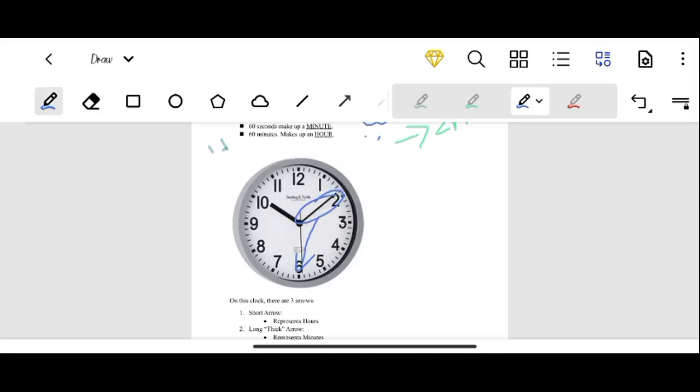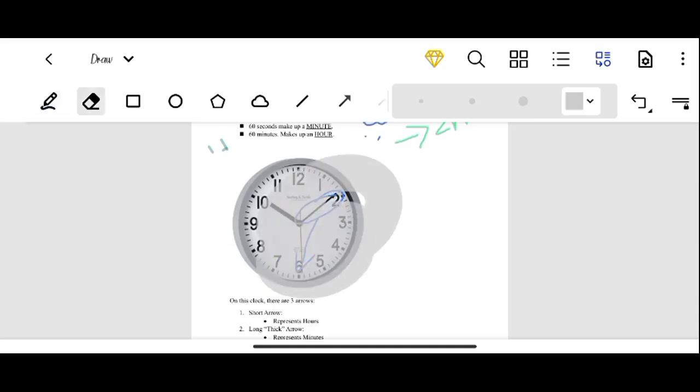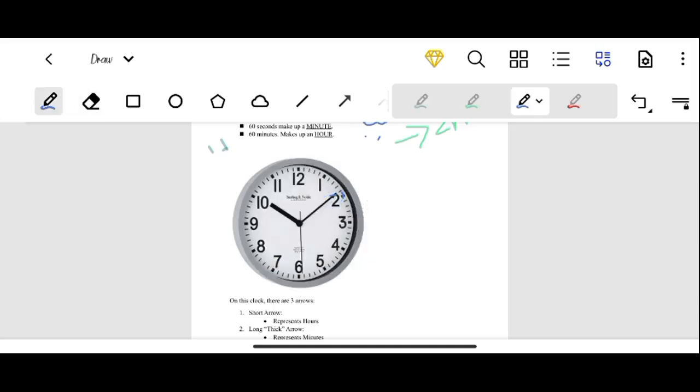Let me just put it like this. We have 12, which is 0. We have 3, which is 15. We have 6, which is 30. We have 9, which is 45.